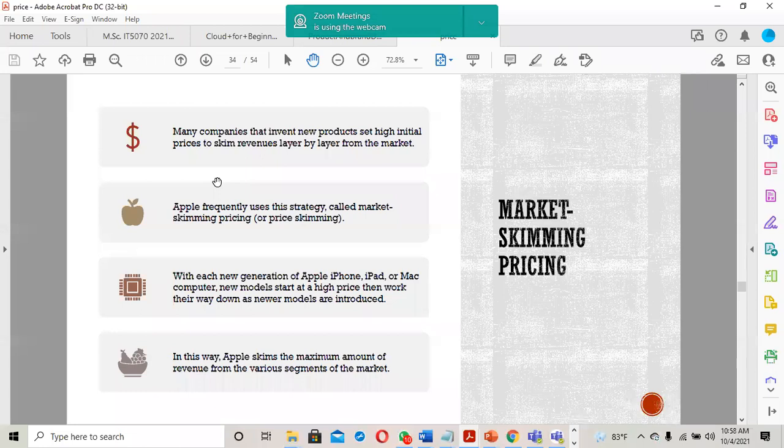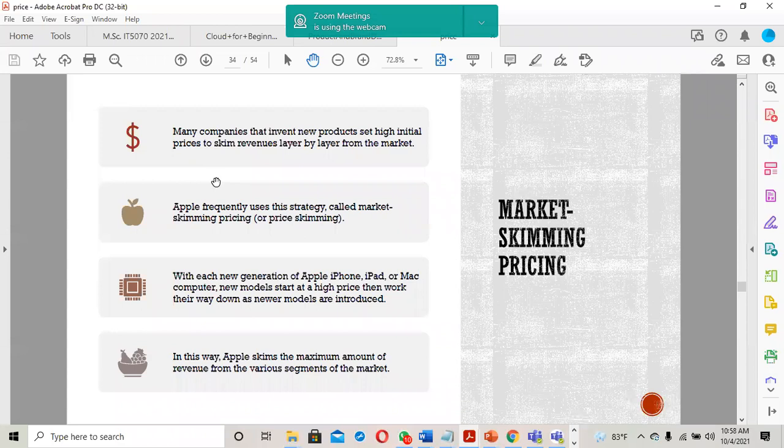So when Apple is releasing a new iPhone to the market, they start at a very high price. And then gradually, year by year, the price goes down. And then after approximately 2 years or 1.5 years, they release another version at a higher price and then slowly bring it down.